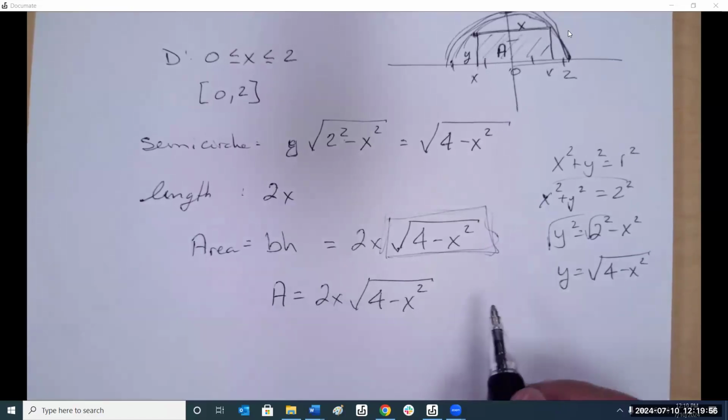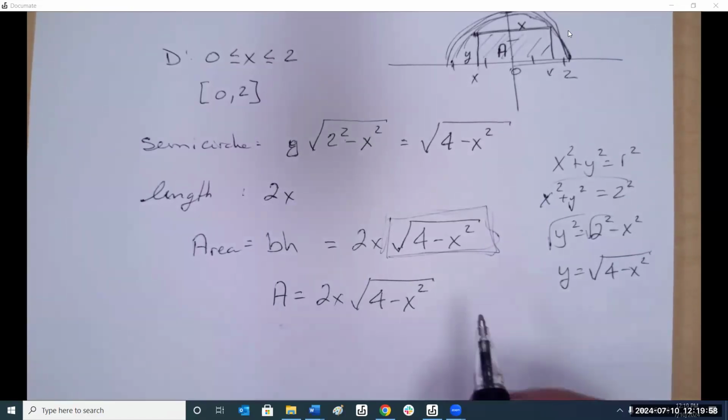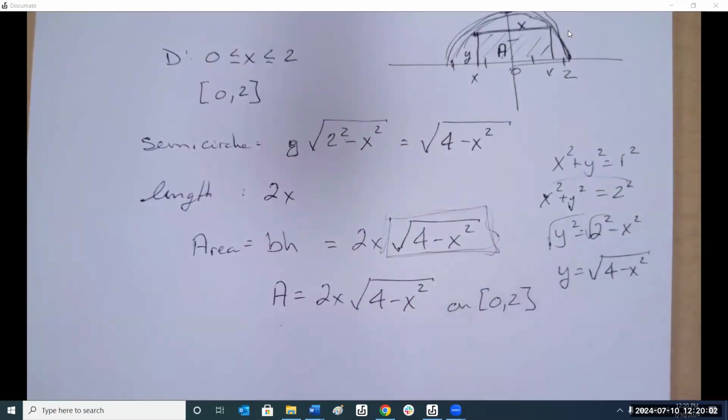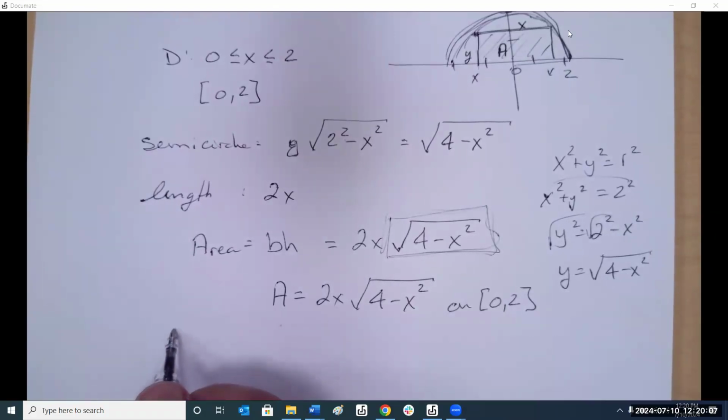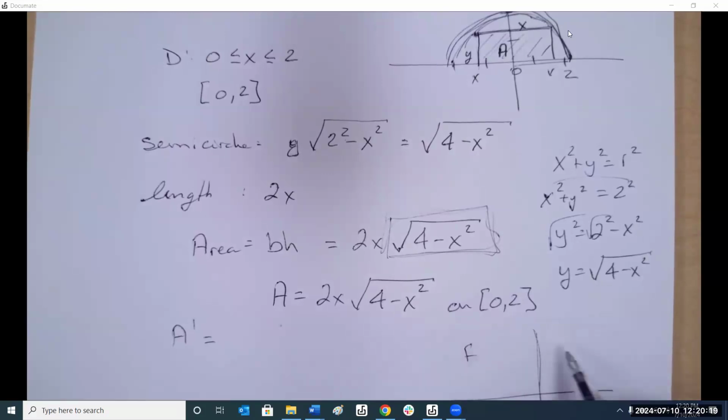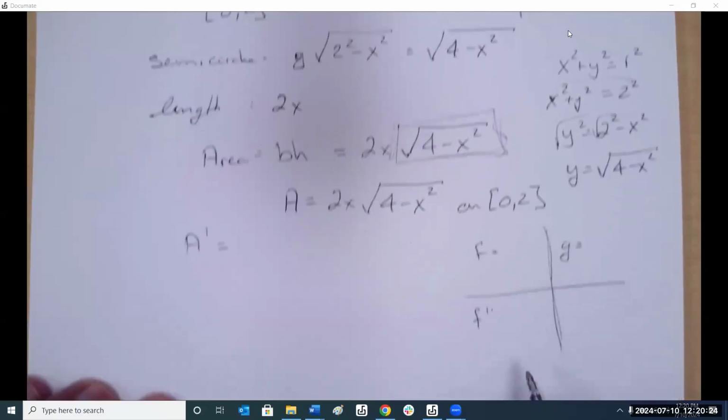Okay, we know that we have to be on the domain 0, 2. So we have to find our derivative. We're going to use the product rule.